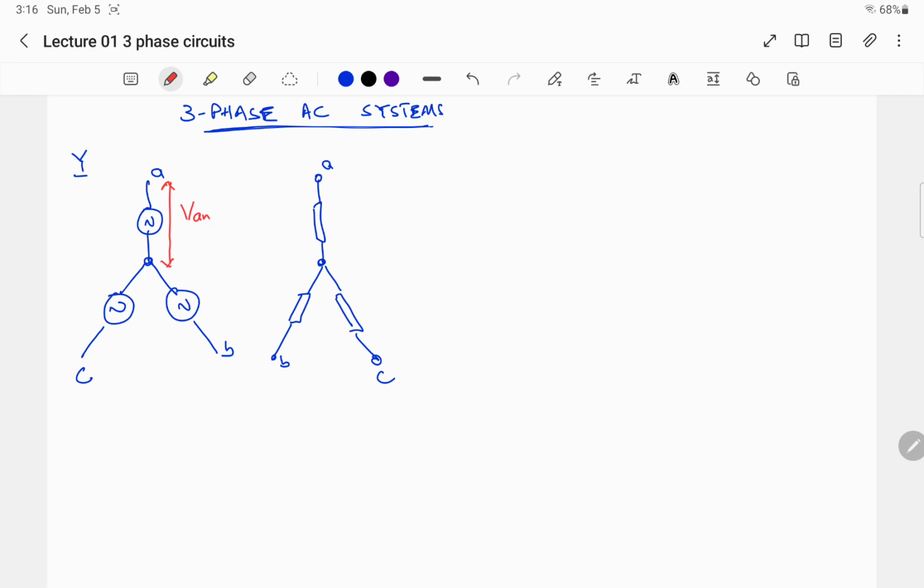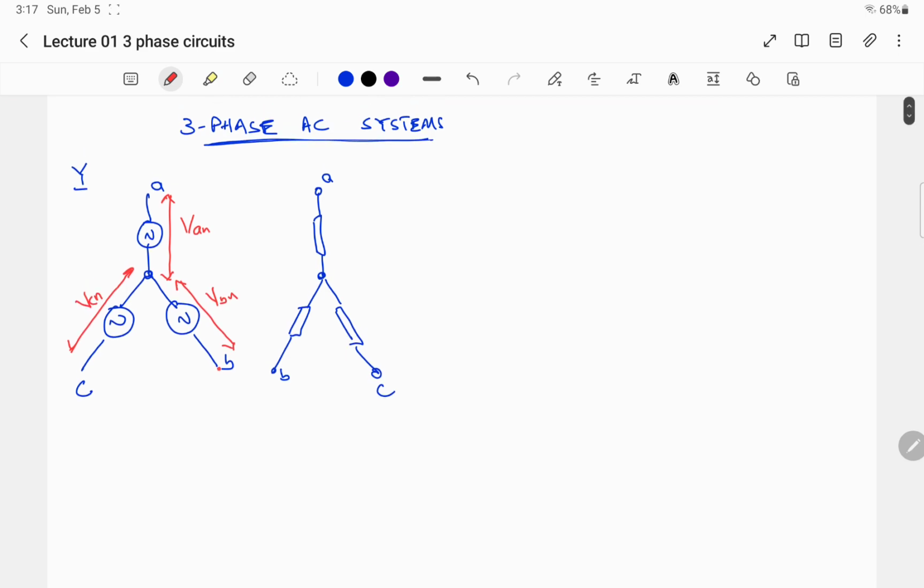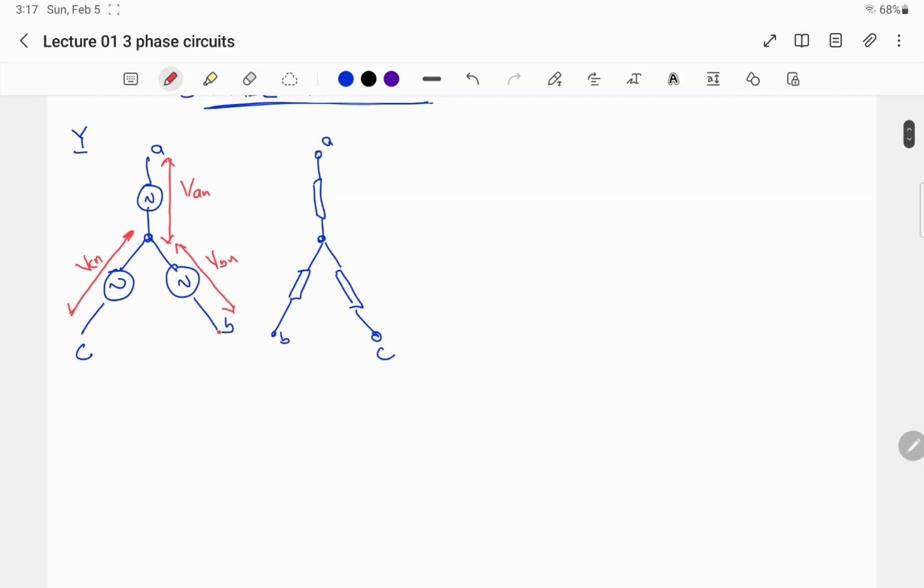It is VAN. Then we have VBN and we have VCN. If we draw the phases, now this is the system in actuality.